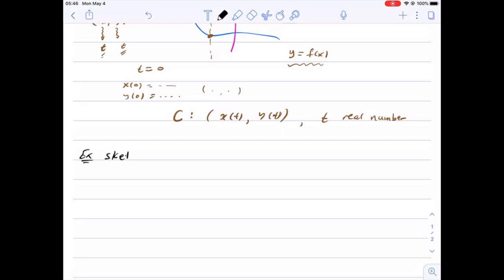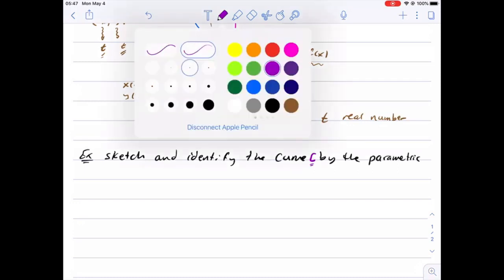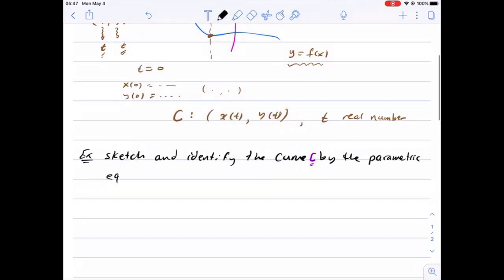We want to sketch and identify the curve C given by the parametric equations x equals t squared minus 2t and y equals t plus 1. Actually, we can write x as x of t and y as y of t.